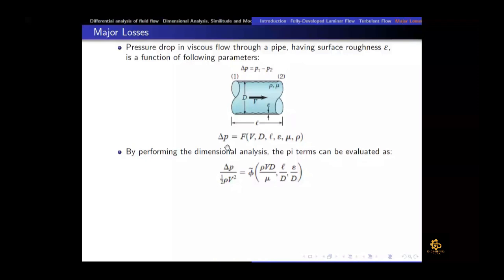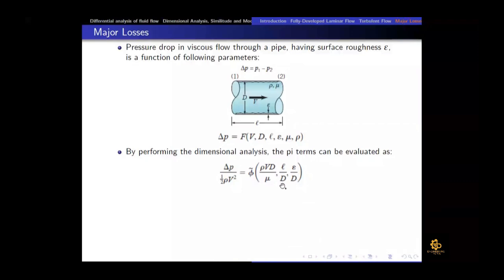So delta P upon half rho V squared is a function of rho V D upon mu, L upon D, and epsilon upon D. Epsilon upon D represents the relative roughness of the pipe. It is the ratio of the roughness element at the pipe wall divided by the diameter of the pipe. And L upon D is the ratio of the length of the pipe to the diameter of the pipe.